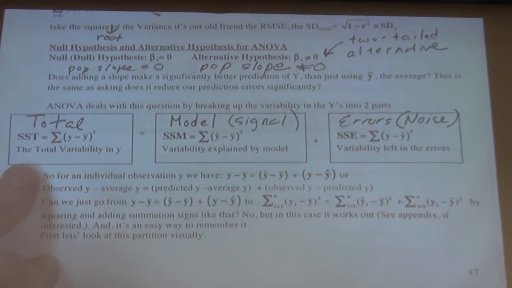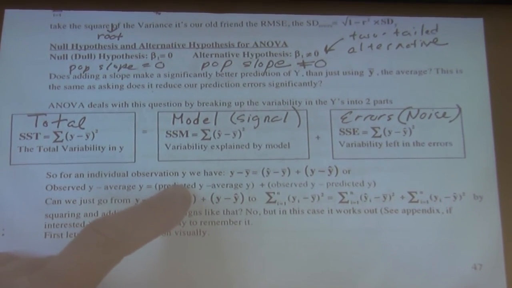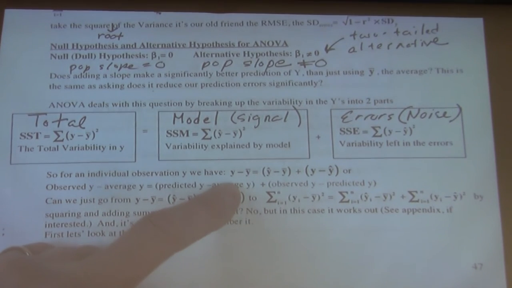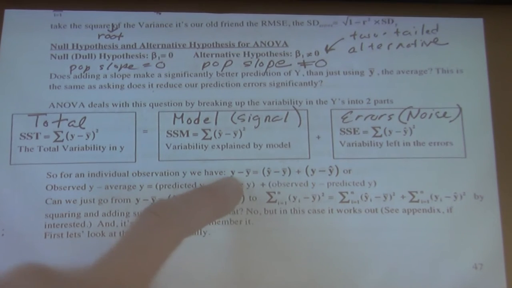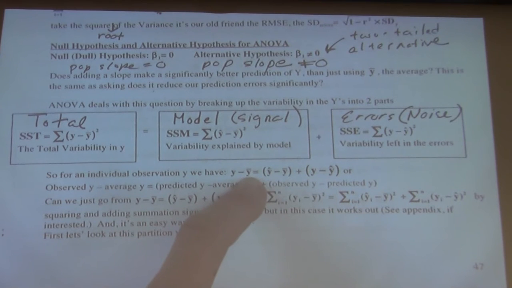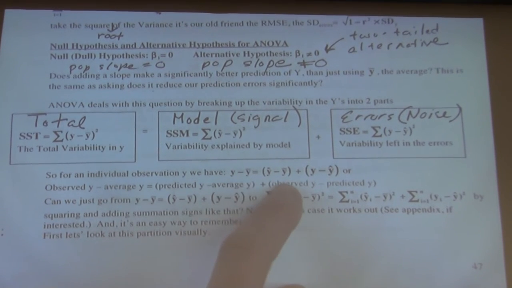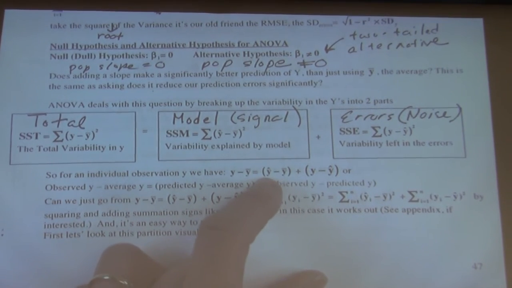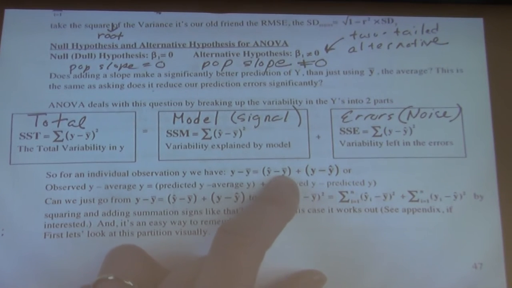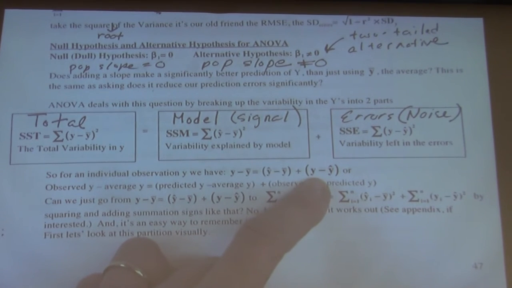That's the basic idea. The intuition behind it is, if you have an individual observation Y, this is how far from the average it is, because remember, we're trying to see if we're doing any better than just estimating the average for everybody. And this part is how far our predicted value is from the average, how much our prediction improved upon the average, and this is what our error is.